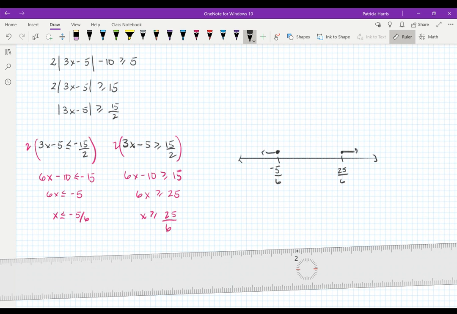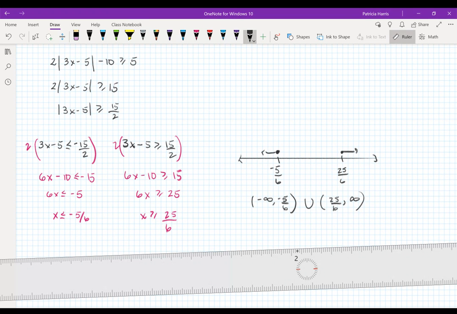Closed dot to the right because it's greater than. So this tells me I'm dealing with an or statement. So when I write it in interval notation, I will get that.